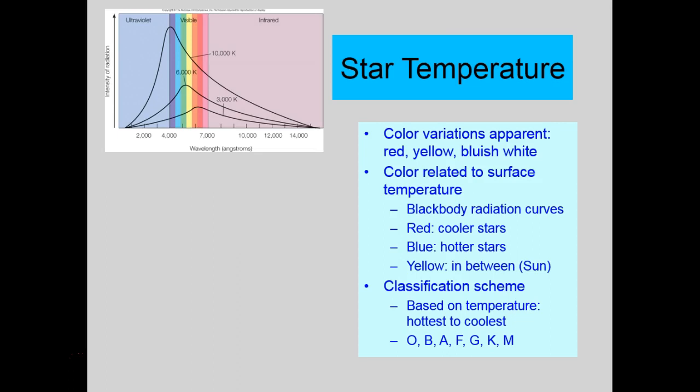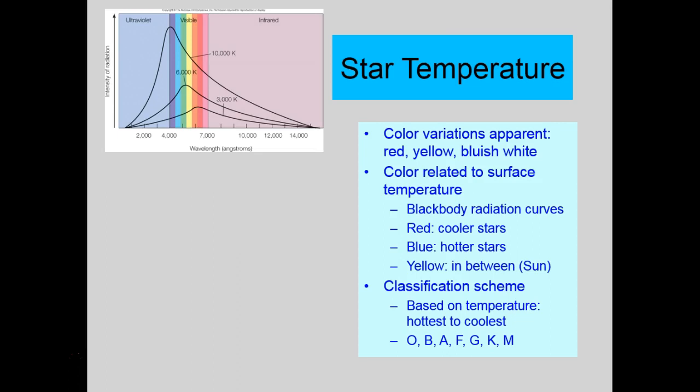And the hottest of the stars are those in the bluest range, the violet area. The coolest of these are in the red range. And the yellows are right there in the middle, and that's where our sun is. Well, here's what this is based on. All of these curves always have radiation coming off that's lower and radiation coming off that's higher.